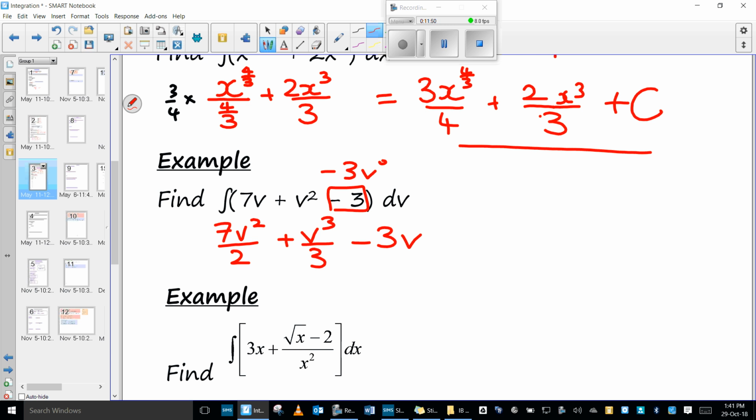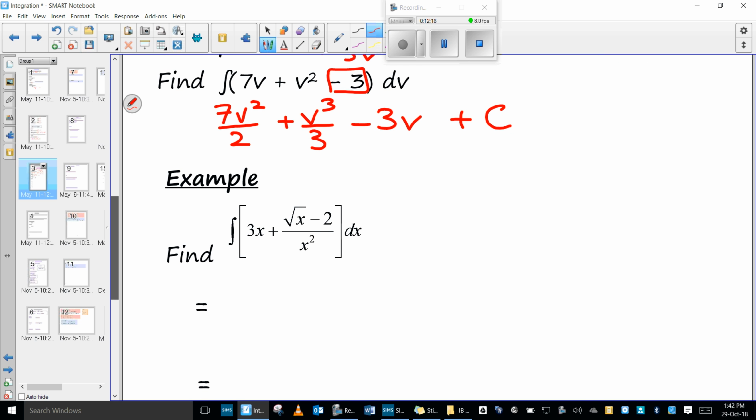I wouldn't, but you could. So our power at the moment is 0, so it now becomes 1. And obviously when you divide anything by 1, it stays the same, so I don't need to do the whole divided by 1. I can't do any simplification there, so I can just plonk my plus c on the end. Okay?